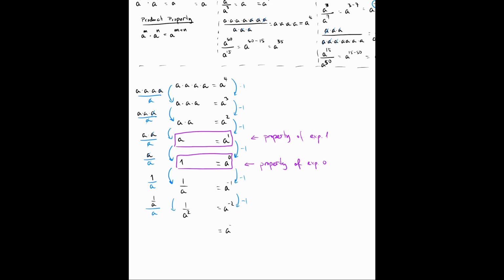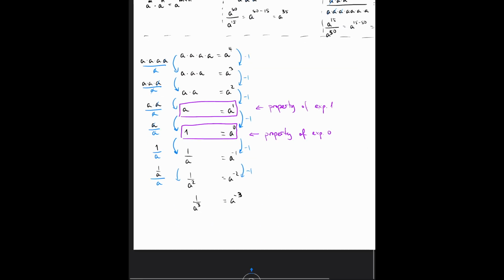If we continue on, this would be equal to 1 over a cubed. Well, I don't know if you remember the results that we got in what we could call the third section, but let me show it to you. Look at this. We had gotten that a to the negative 3 maybe meant 1 over a cubed.